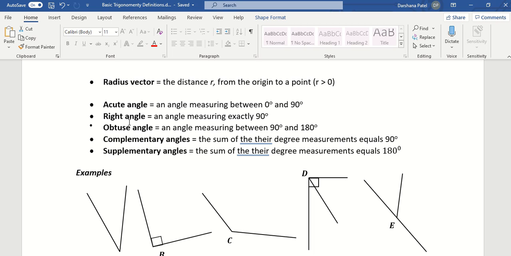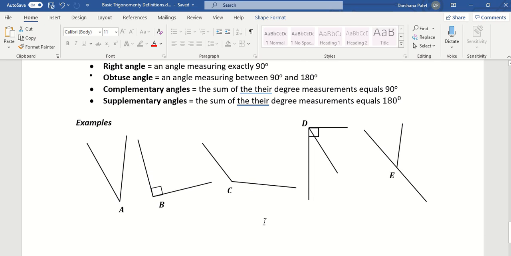Complementary angles are angles whose degree measures sum to 90 degrees. So two angles adding up to 90 degrees are complementary angles to each other. Supplementary angles are the ones whose sum equals 180 degrees. So if two angles add up to 180 degrees, those two angles are supplementary angles of each other.